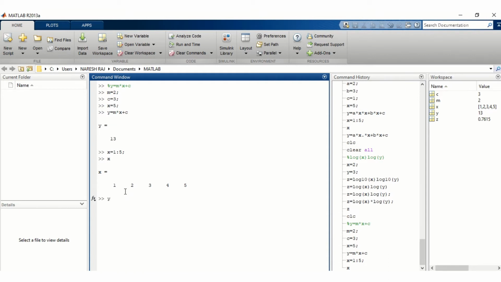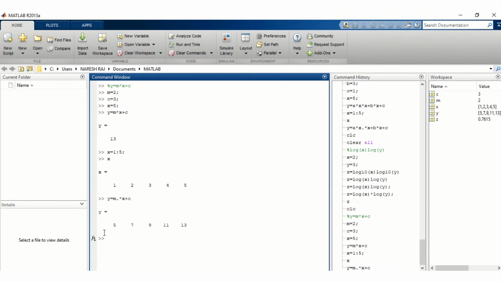Let's see. y equals m dot multiplication x plus c.